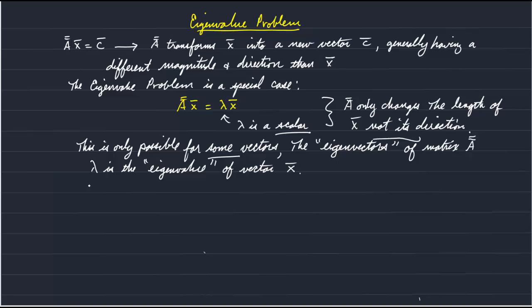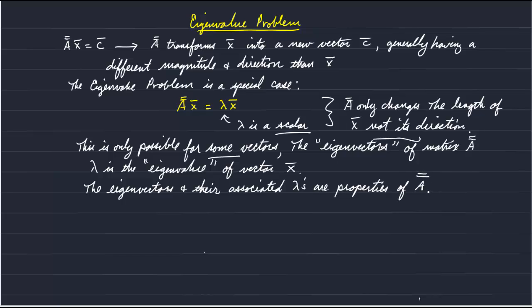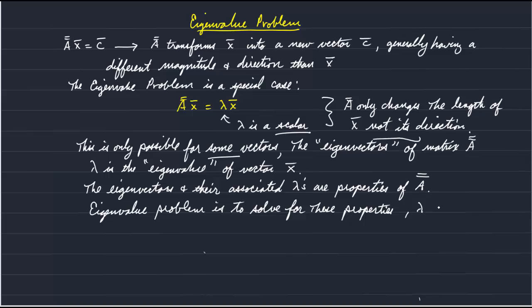And I also want to point out that the eigenvectors and their associated eigenvalues are properties of A. So again, the eigenvectors and eigenvalues reflect intrinsic properties of the matrix A. And therefore, the eigenvalue problem is to solve for these properties, that is x and lambda.